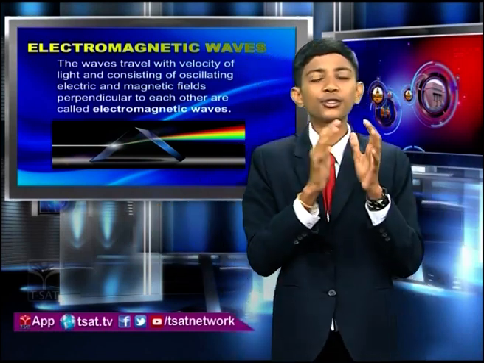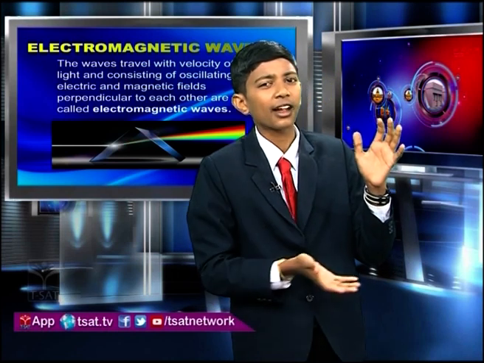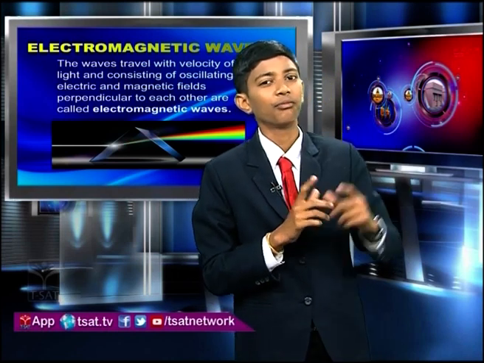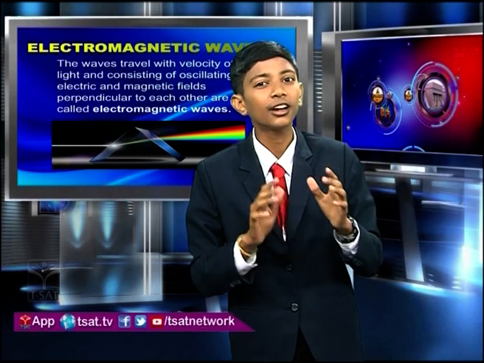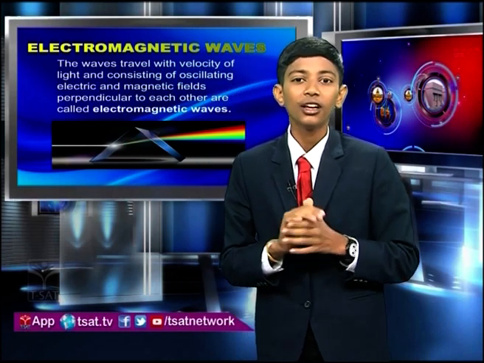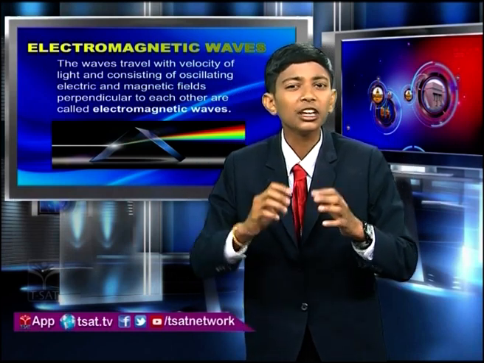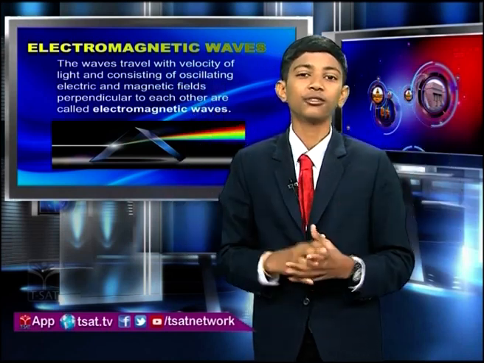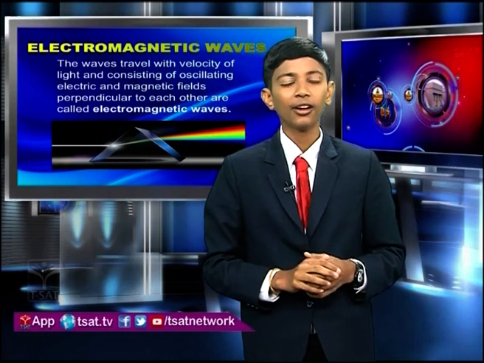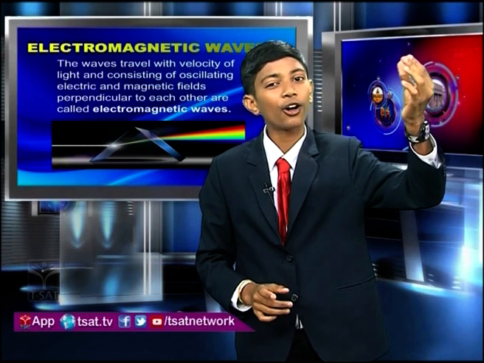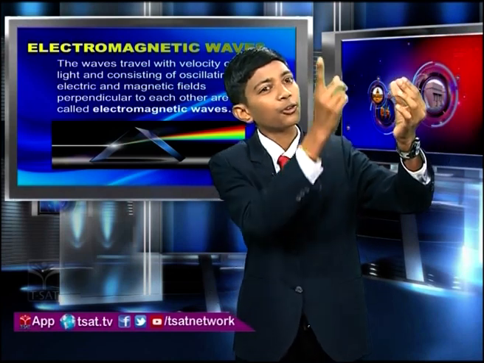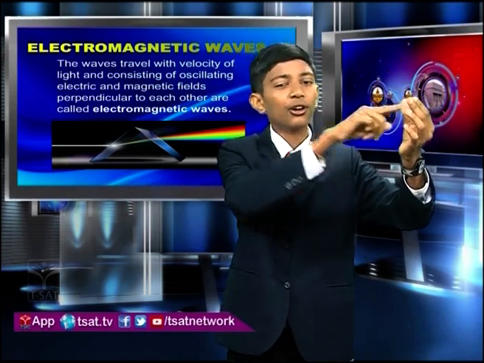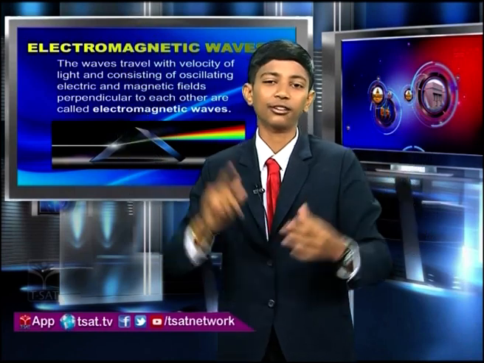The best source of electromagnetic waves is the sun, because the sun is a great producer of waves. The sun can produce so many waves. For example, the sunlight or white light produced by the sun is one example of electromagnetic waves.